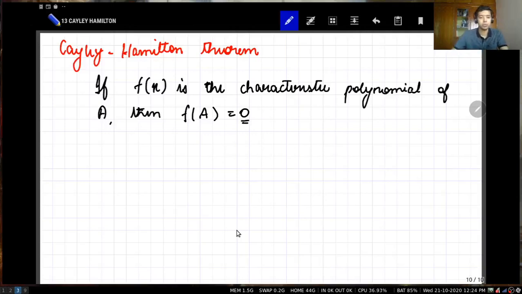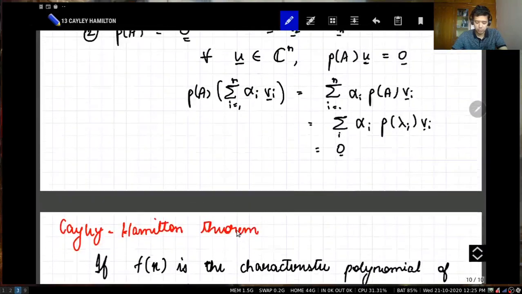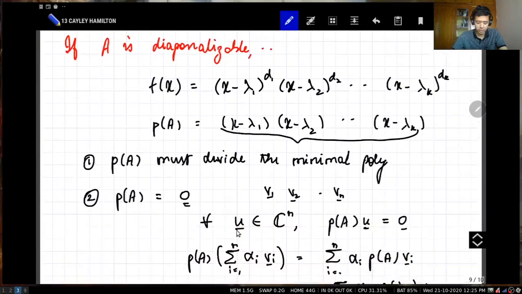So this will tell us that the minimal polynomial of A must have degree less than or equal to n for any matrix A. At least for a diagonalizable matrix A, it is clear that f of A is equal to 0, because we've shown that P of A equal to 0, which must necessarily imply that f of A is also equal to 0.